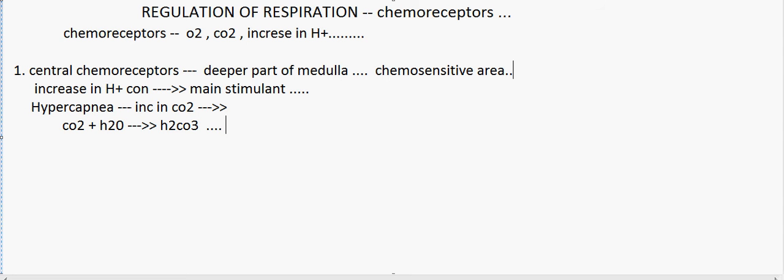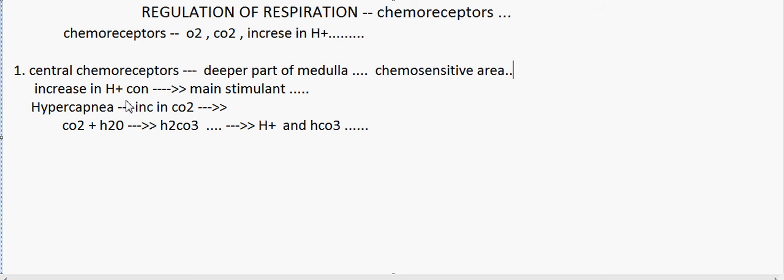And the carbonic acid in general state is highly unstable, so this H2CO3 immediately dissociates into hydrogen ions, H plus, and the bicarbonate ion, that is HCO3.